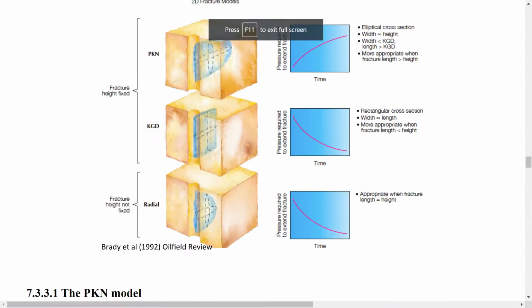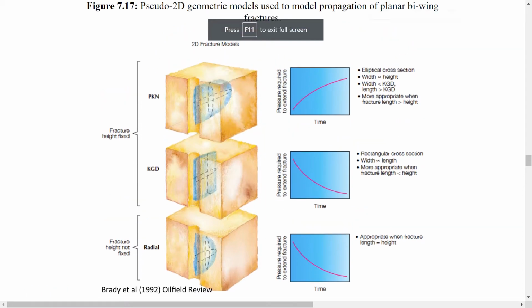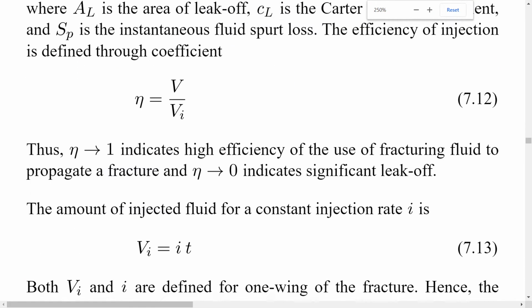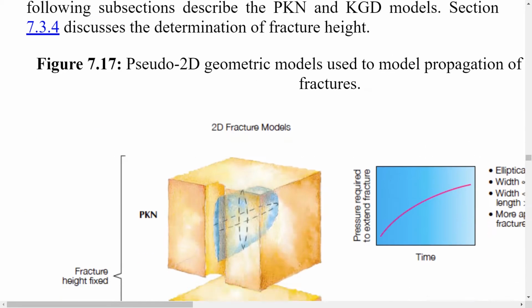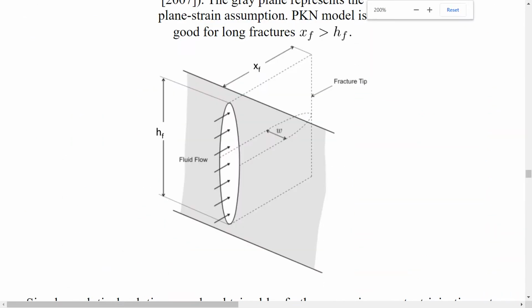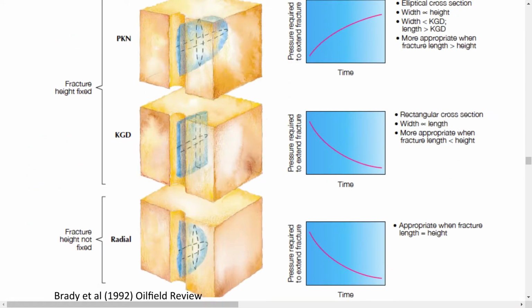Let me make it a little bit bigger. These three models, PKN, KGD, and radial models, model single fractures. And again, they tell us how the fracture is going to propagate.